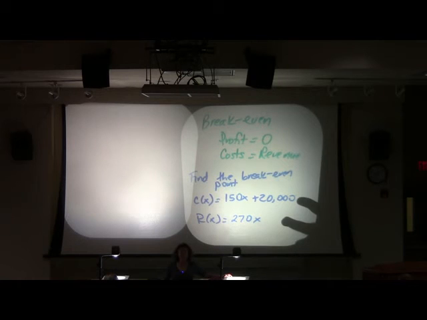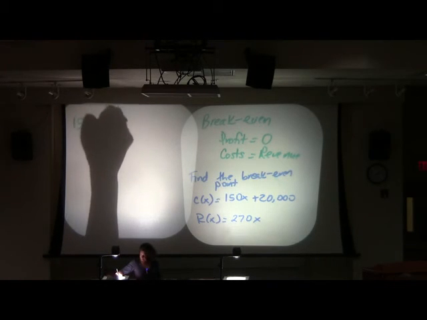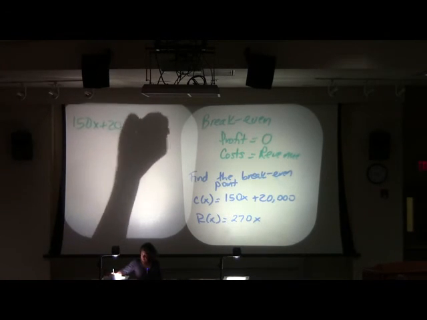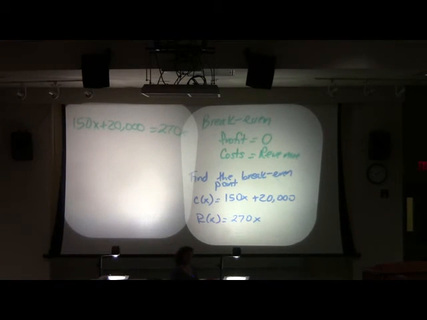Yeah? All right. So, to find our break-even point here, what I would do is set my costs equal to my revenue. All right. If I do that, how would I solve for x?